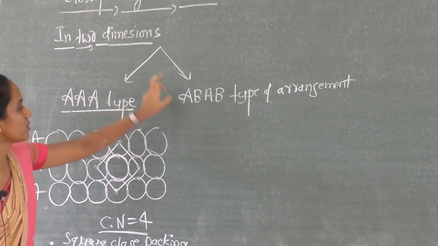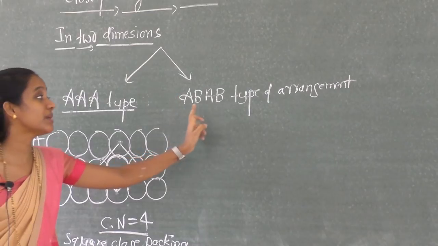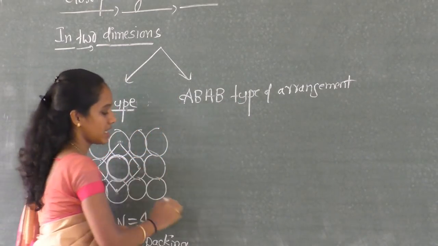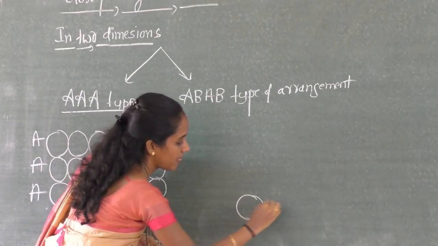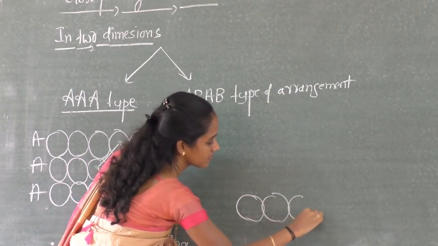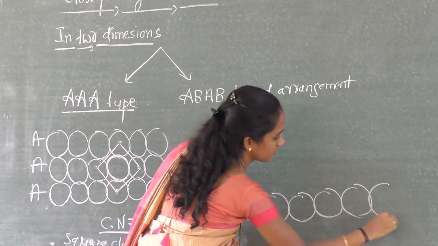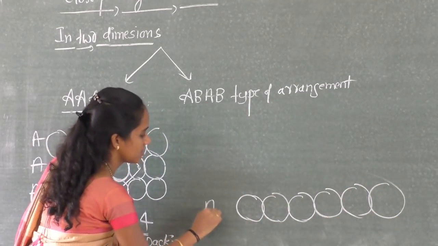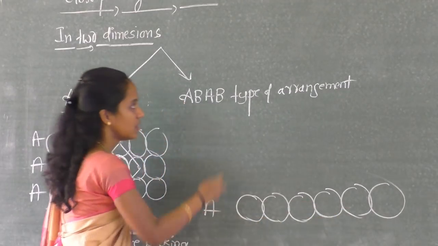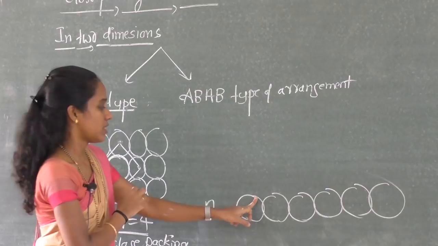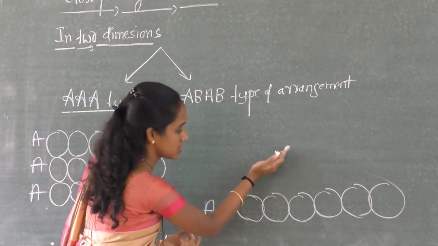Now under 2 dimensions, one more type is AB type of arrangement. What is this AB type? So this is the first layer, that is in 1 dimension. We want 2 dimensions here. What do we have to do? Keep one more layer above this.